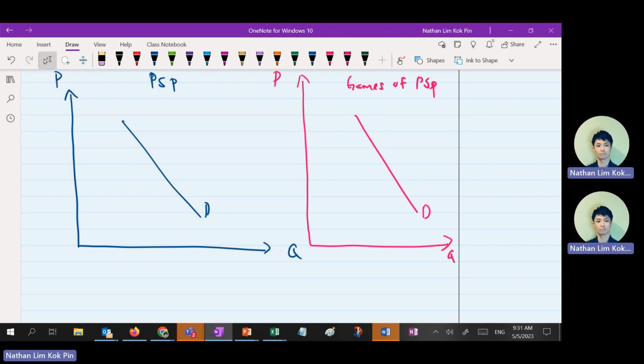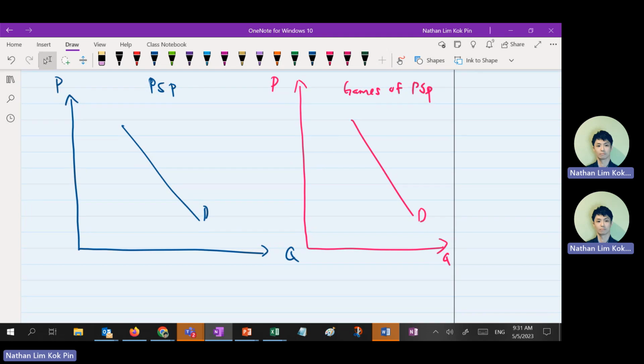If the price of PSP goes down, what will happen to PSP? Ladies and gentlemen, do you hear what he said? He uses demand or quantity demanded. He uses demand. Is demand correct or wrong? What is my question?